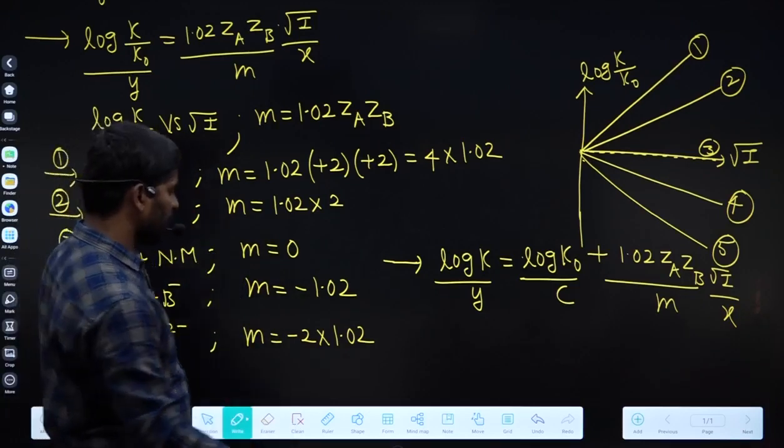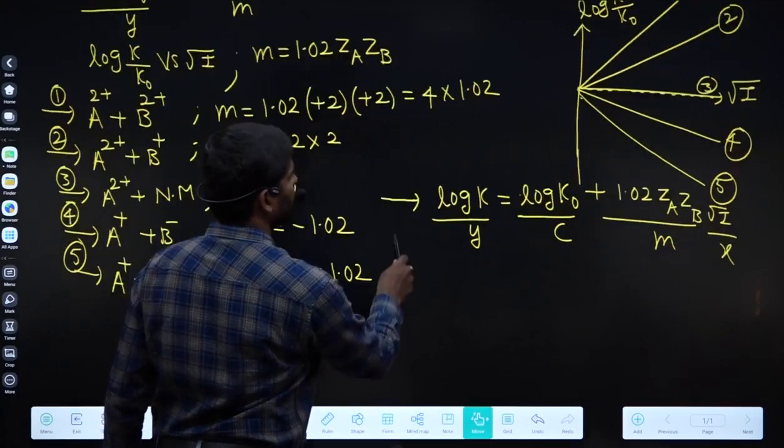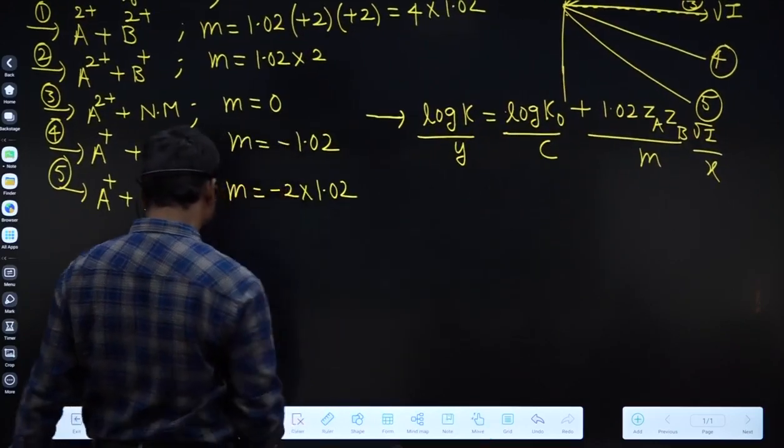Okay, so next one, let us consider equation 4.